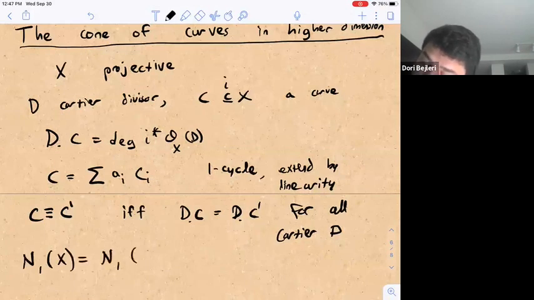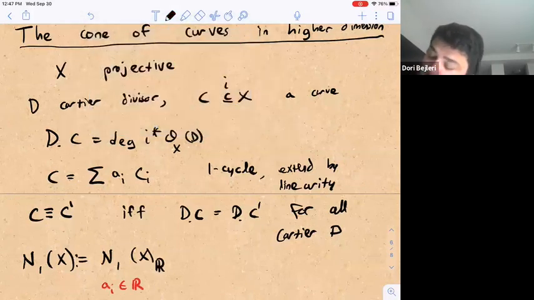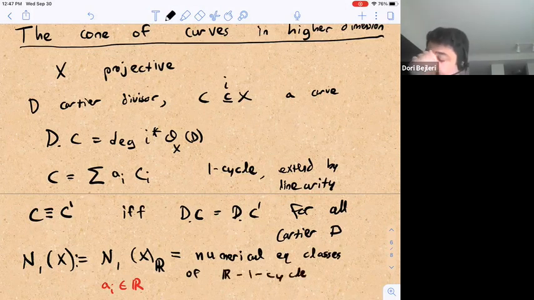And whenever there's no subscript, that'll mean that these coefficients are real. But we'll also need rational and integral sitting inside of it, as numerical equivalence classes of one cycles with real coefficients.